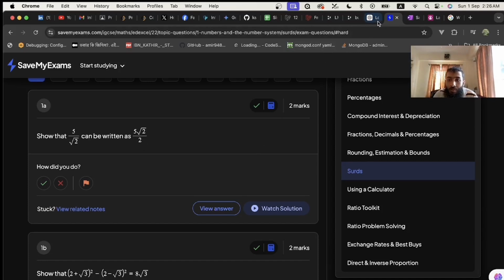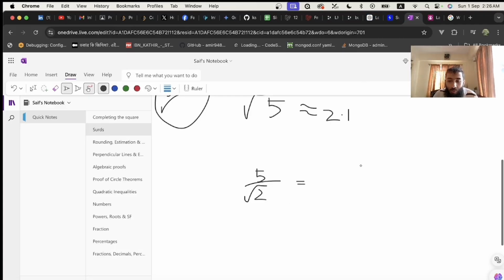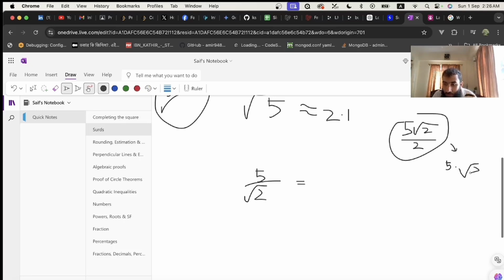So how can you represent 5 by root 2 as 5 root 2 by 2? If you look at this structure, we can multiply the numerator and denominator by root 2, because the multiplication of root 2 and root 2 is 2, right?